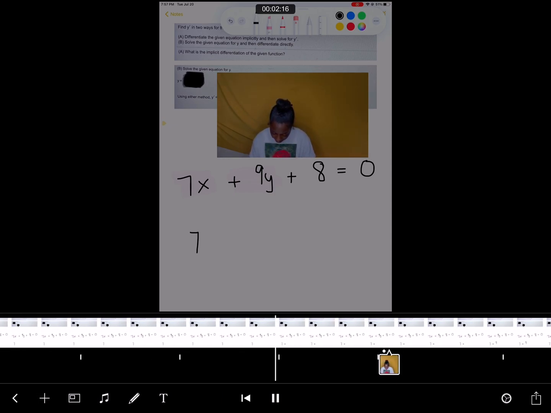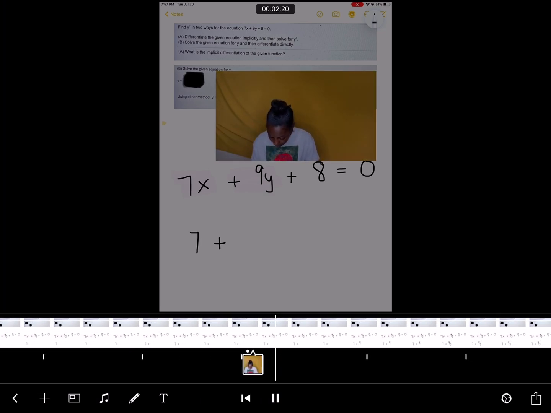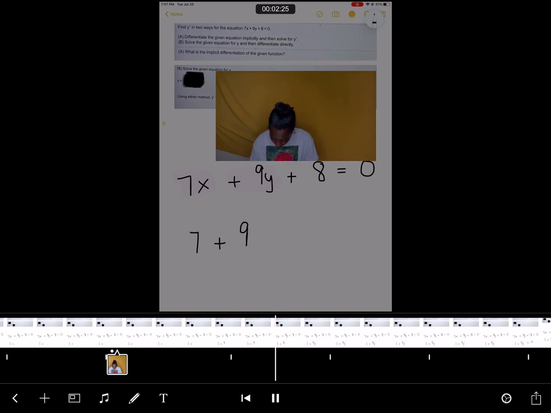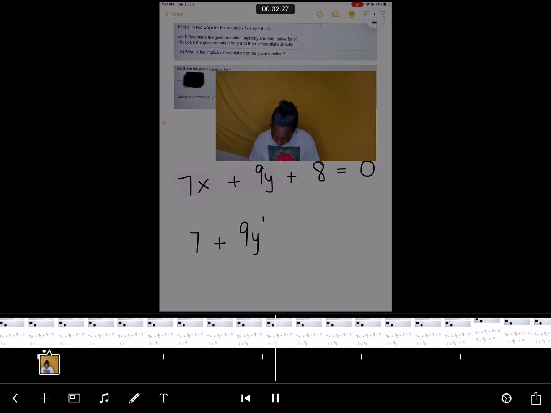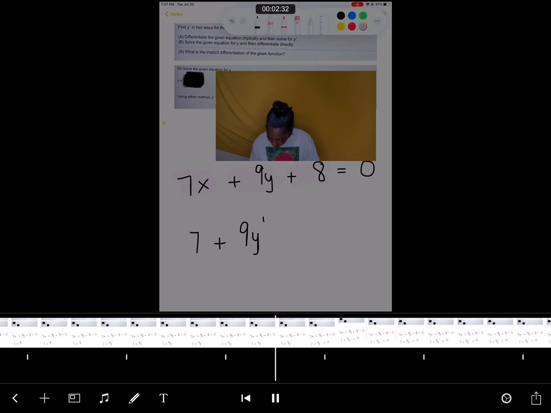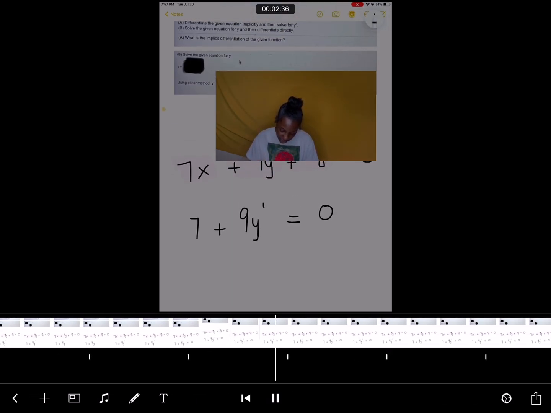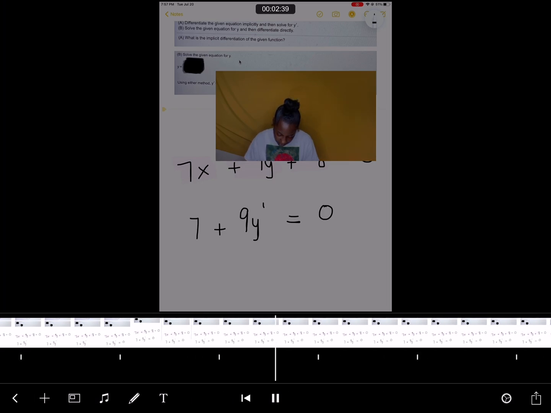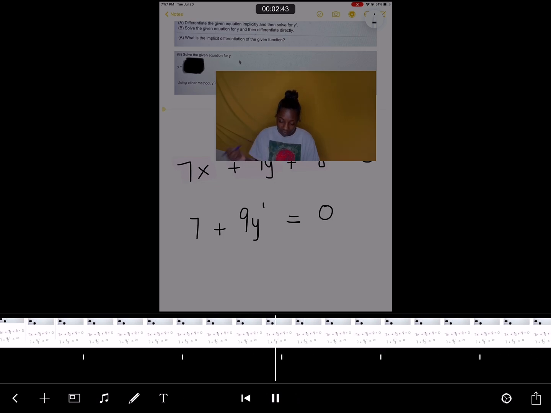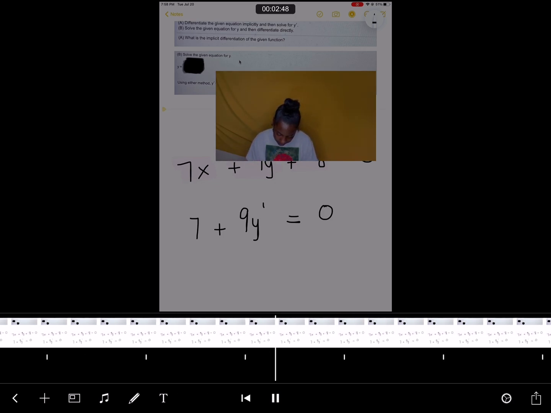Technically we just take the regular derivative of 9y, which happens to be 9 y prime. The derivative of 8 is 0. So the implicit differentiation of the given function is 7 plus 9y prime.